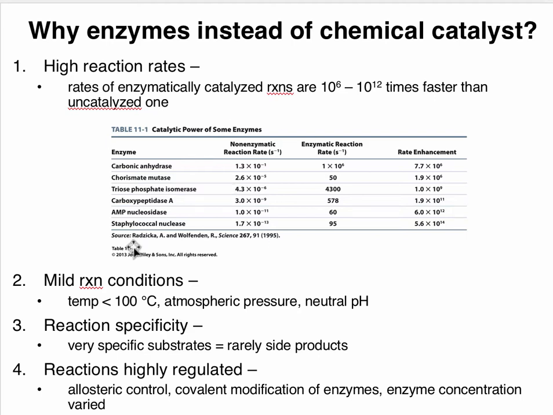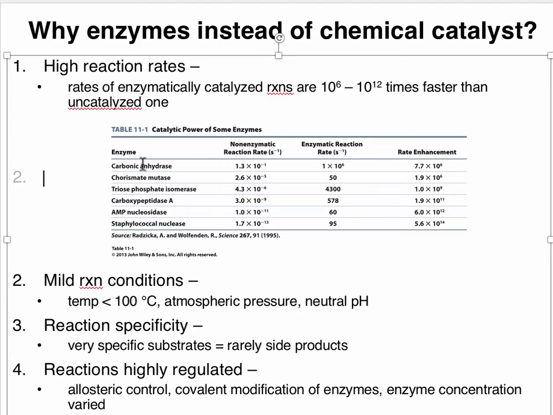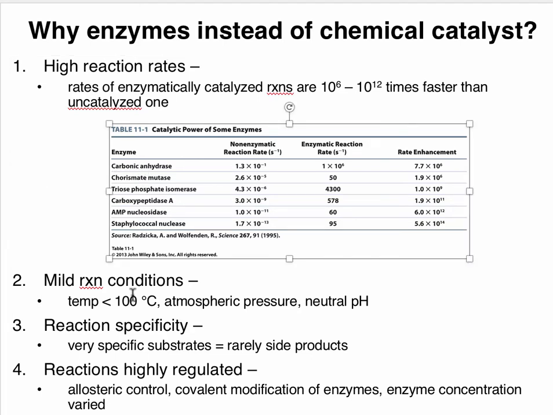So that's what this table from your textbook is showing. This is actually table 11-1, which might have been from our old textbook, sorry. It's showing the progress of chemical reactions. Here you can see carbonic anhydrase, which converts carbon dioxide to bicarbonate and protons.